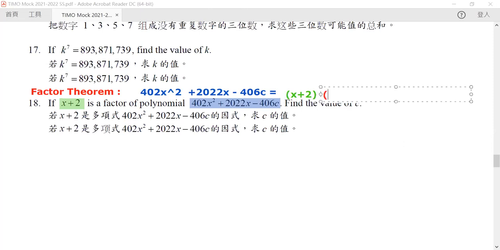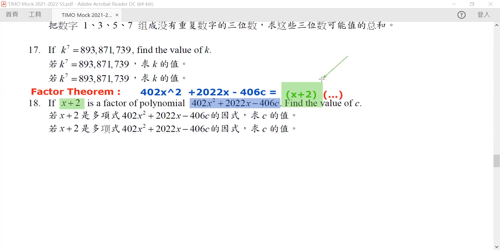This other polynomial we denote in red. We have no interest in what exactly the red polynomial is. We just know that there is some polynomial here. Now, the most important observation of the factor theorem is, what if this part becomes 0?